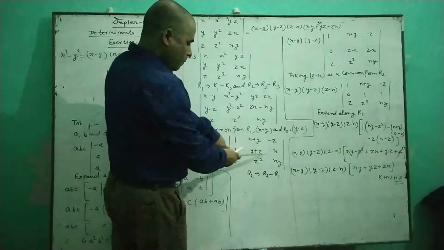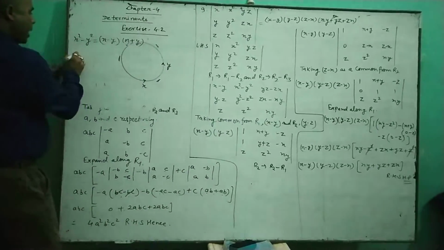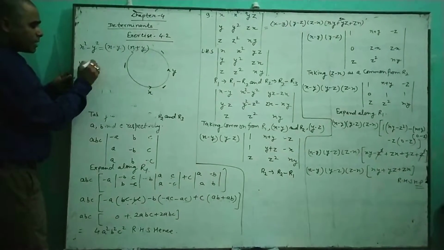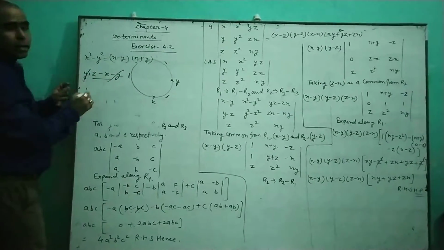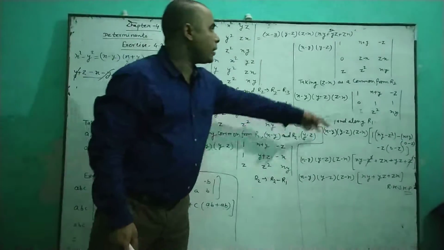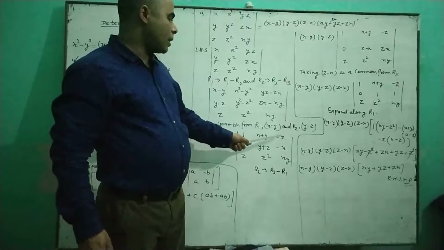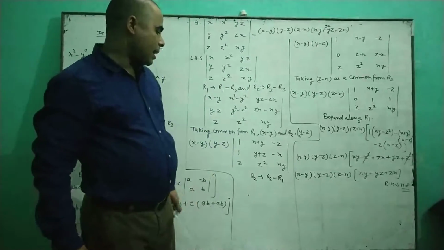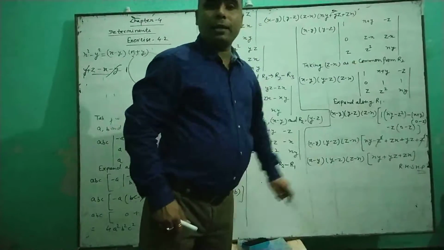Then y plus z minus x plus y, minus x minus y. Now y cancels out, and z minus x will be left, and z square, xy we write the same.